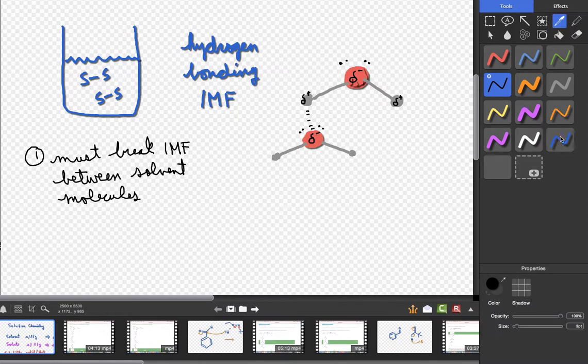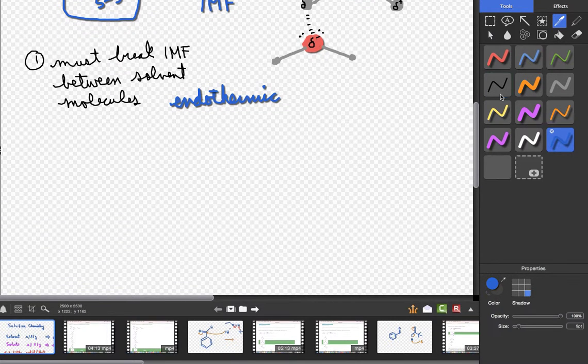This is intrinsically an endothermic process. It requires energy to break a favorable electrostatic association. So we've learned previously in thermodynamics that bond breaking is an endothermic process. You may regard breaking an IMF as kind of sort of breaking a bond, simply not as strong. So it's going to require energy. That's step one.